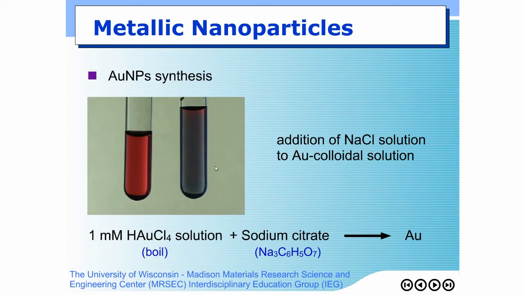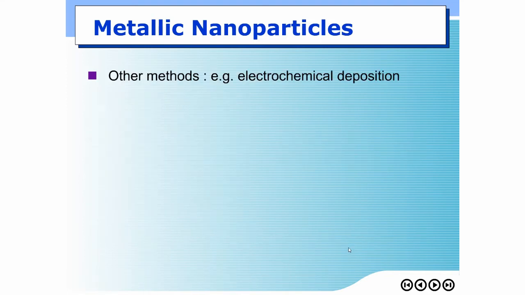Once the charge on the surface of gold is neutralized, electrostatic stabilization does not work anymore, and that causes agglomeration, and agglomeration gives you the change in color of particles, right? The particles become larger and larger simply because of the agglomeration. So this experiment shows you that the process relies on electrostatic stabilization.